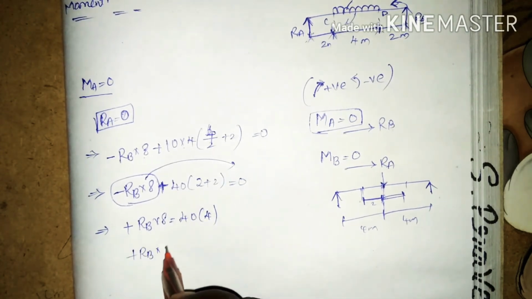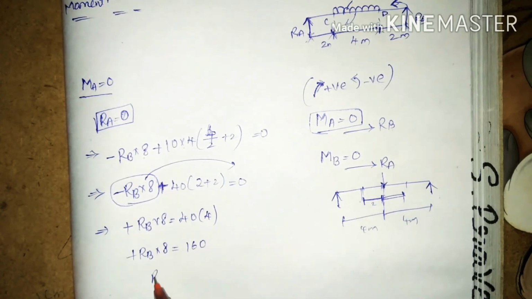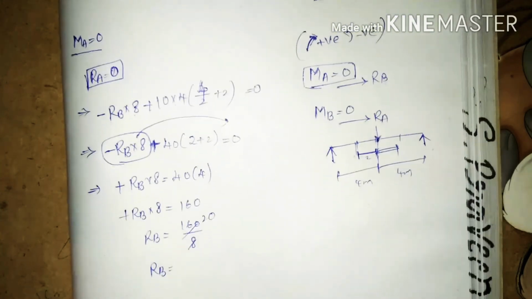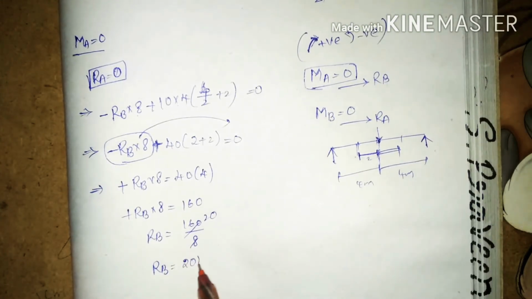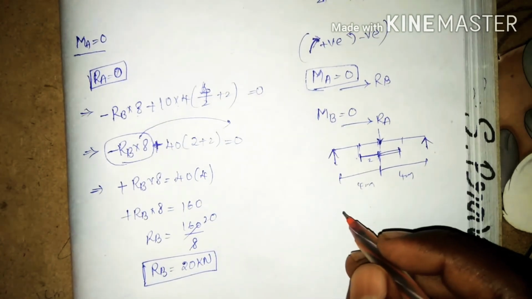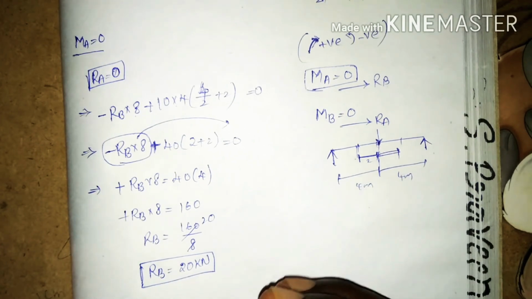RB multiplied with 8 is equal to 160. RB is equal to 160 by 8, and the value will be 20 kilonewtons. As already discussed, the load is symmetrical, so RA is equal to RB.